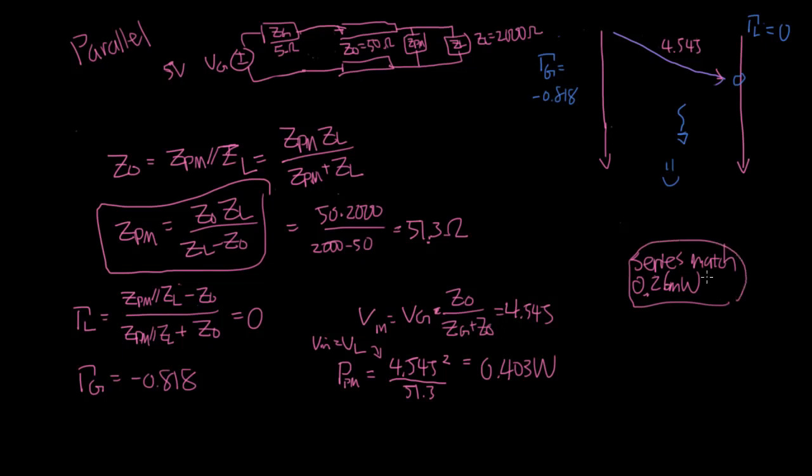And so if you compare the two, you're dissipating a lot of power into this resistor. And so that's probably the biggest drawback of this parallel match situation. But if you're able to afford it, it solves the issue in situations where the source impedance might change a lot.